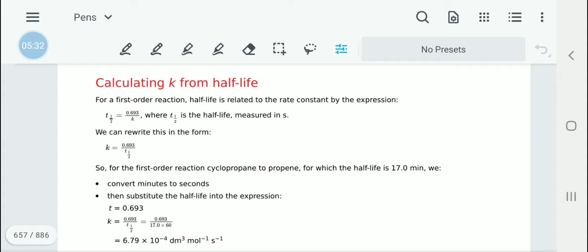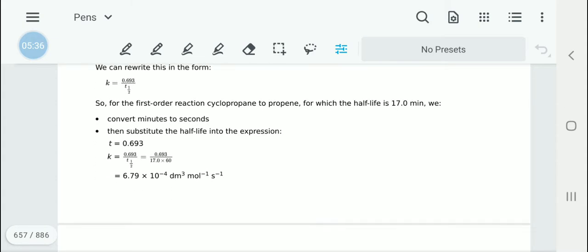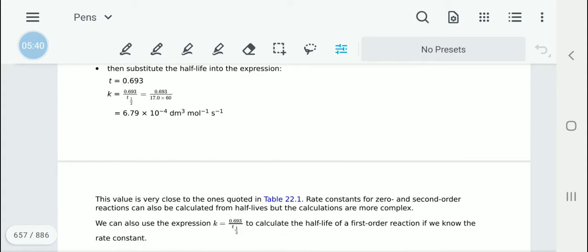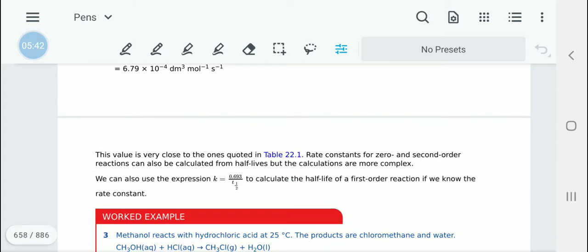The half-life is 17 into 60. Then we get k to be 6.79 into 10 to the power minus 4 per second. If you look at table 22.1, it will have the same value for k.